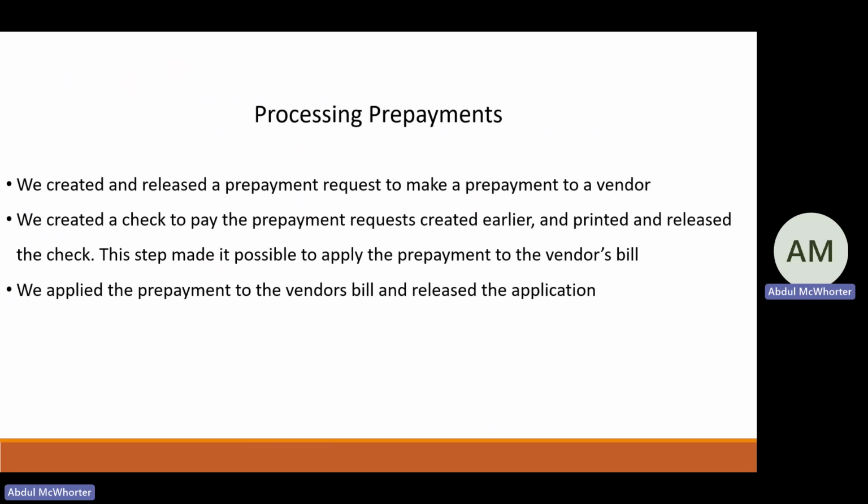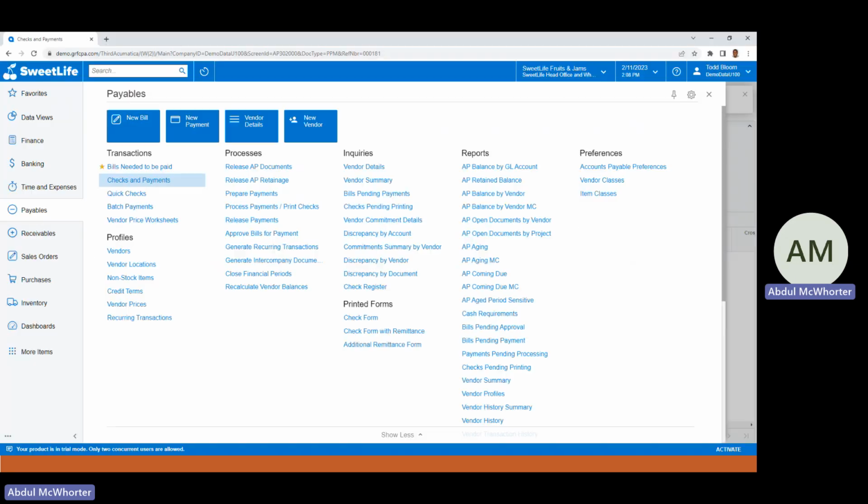So with that being said, let's jump back to Acumatica. The scenario is that on the 31st of January, we received a $25 refund from one of our vendors, CompuLink, for the unused amount of a prepayment that we made to them for services.